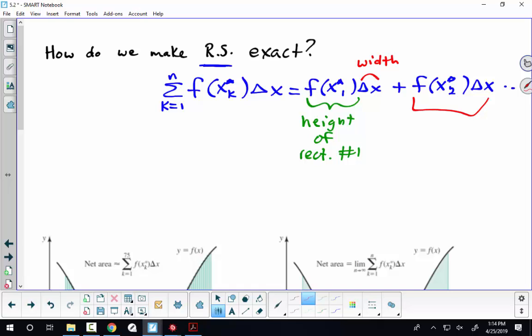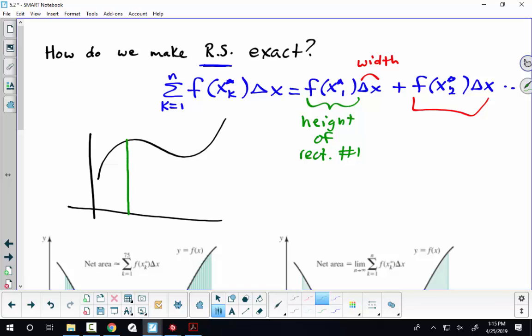But what changes is the height of the rectangle, because the height is determined by the function. Like if I have this function right here, this rectangle defined here has a completely different height than this rectangle right here. The height of each rectangle is that function value. So those are the things that vary, because your function varies.